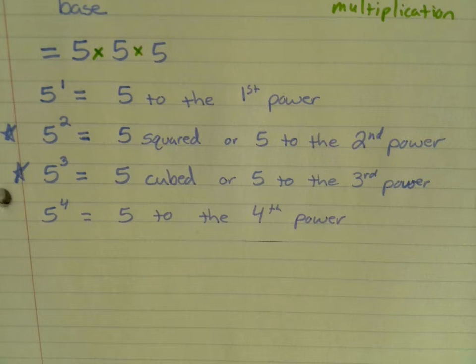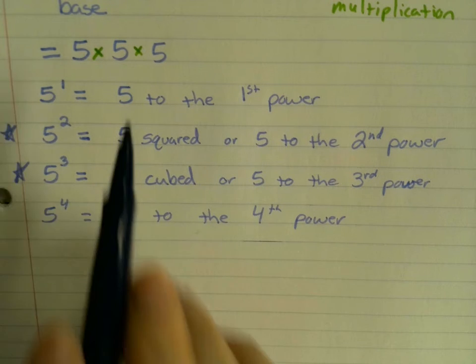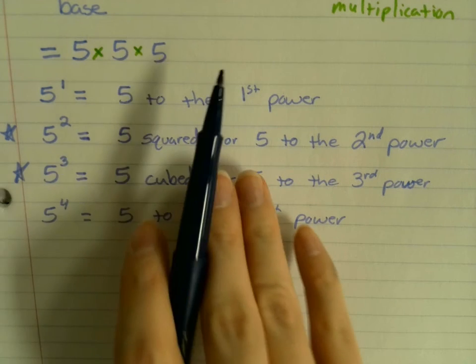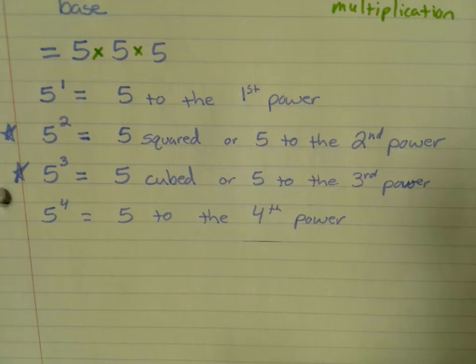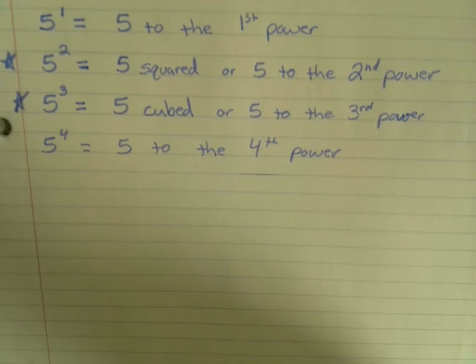Now, writing things in exponential form, meaning that we're looking at a series of repetitive multiplication and we want to simplify it to where it's just a single base and a single exponent. There are a couple of things that you need to make sure you have in mind first.